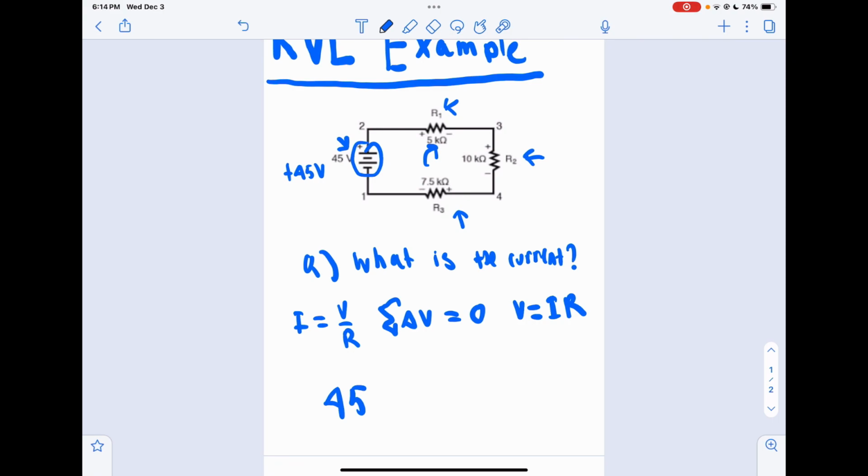So we're going to go minus I times R1, and then minus I times R2, minus I times R3 should equal 0.